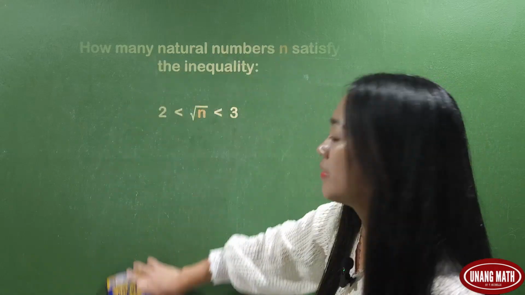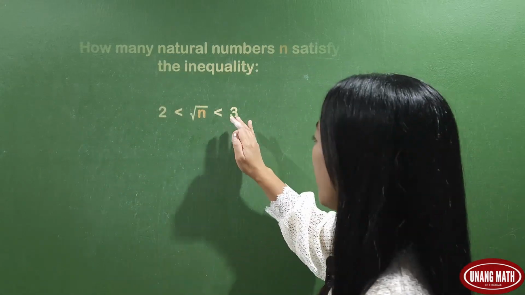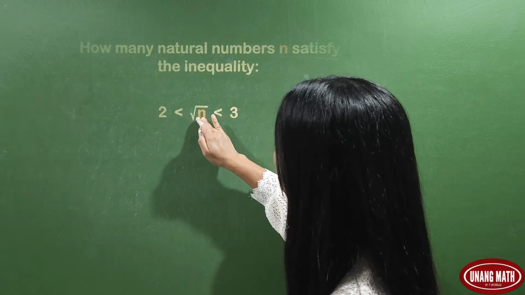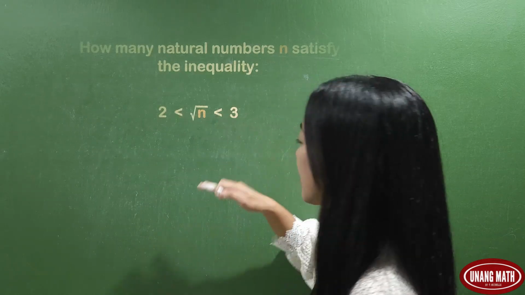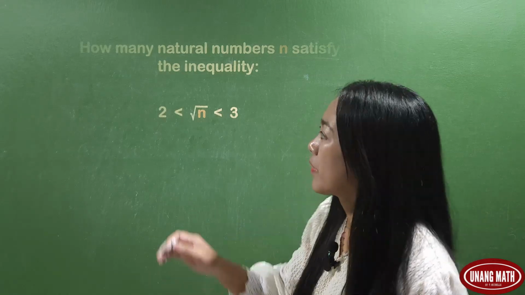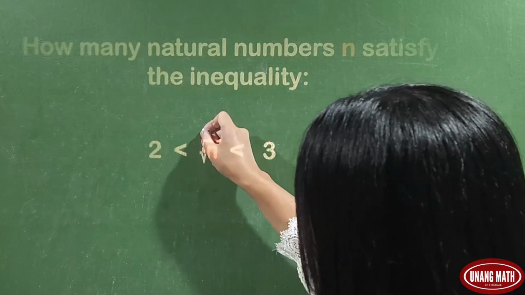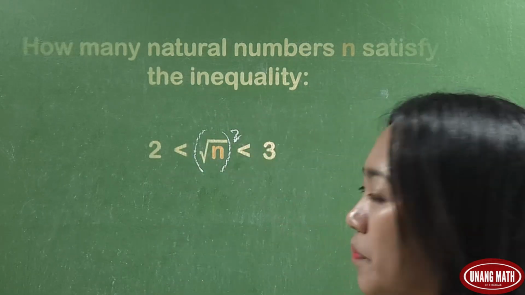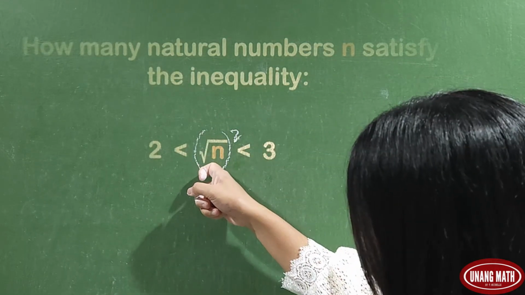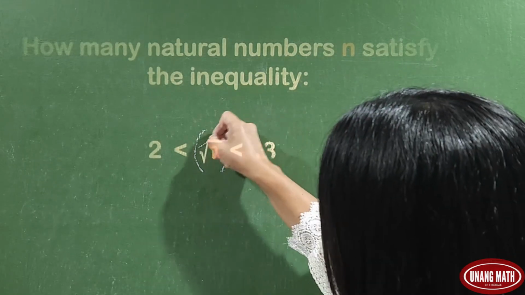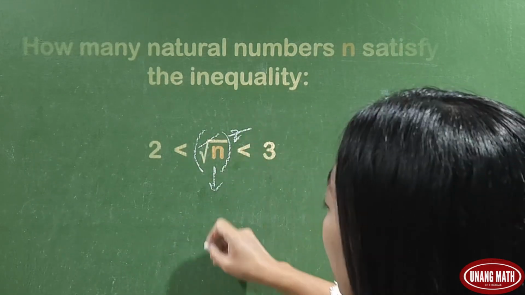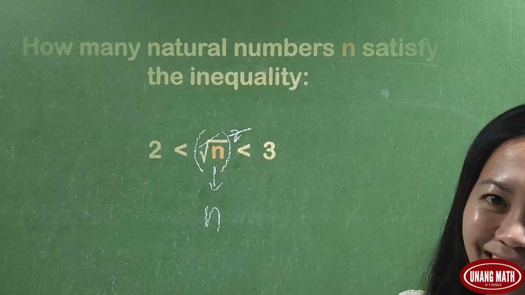Again, the first thing that we need to do is we have to make these 3 numbers the same kind of number. We already know that if we have here a radical sign, we're going to square this one. So exponent and then radical sign cancel, bring out n.